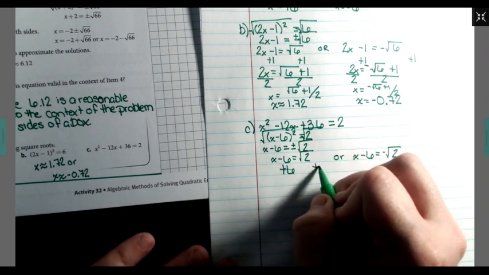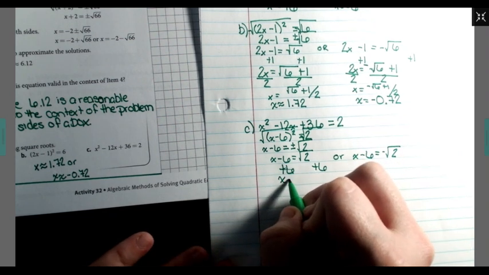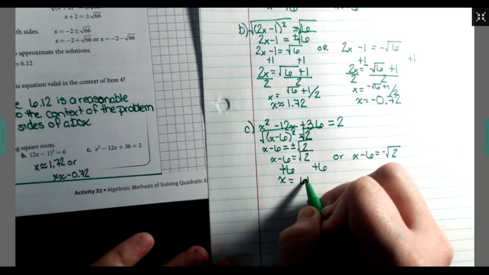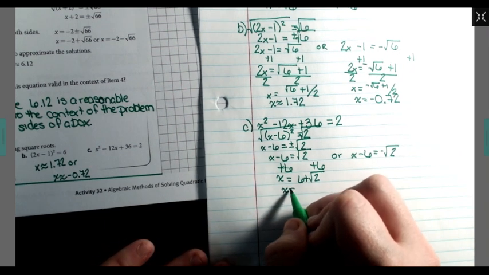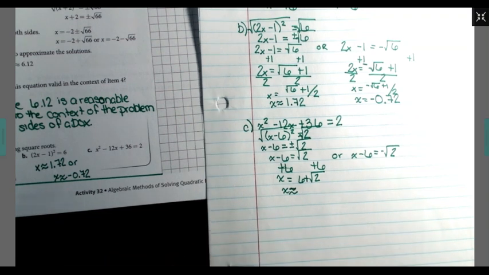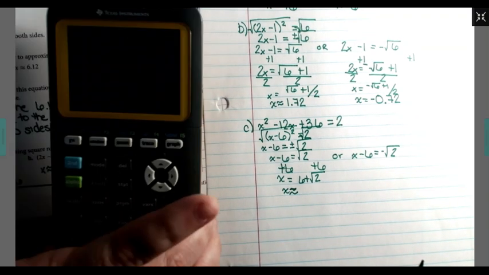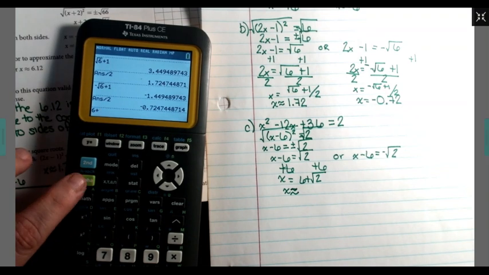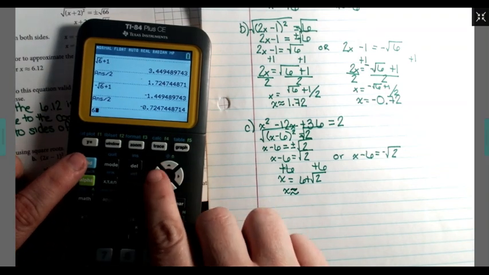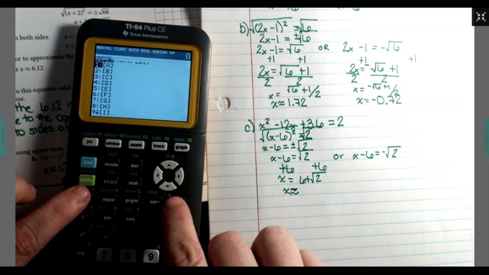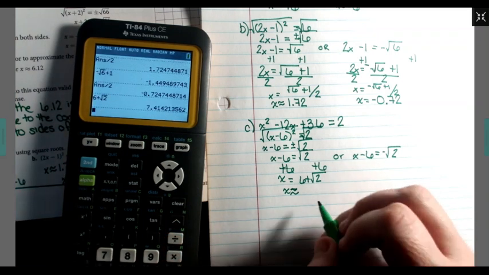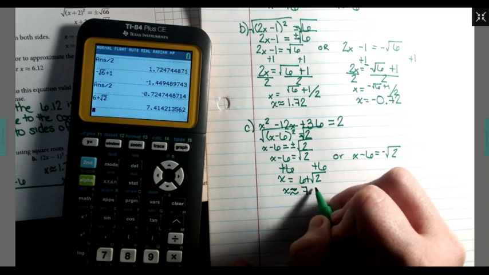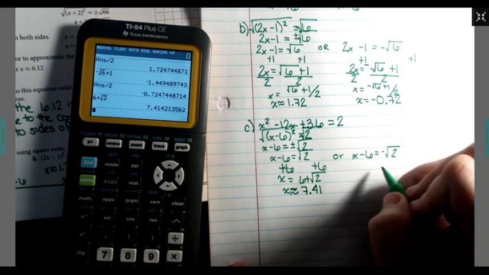Add 6. X equals 6 plus square root of 2. So x is approximately, we're going to do 6 plus the square root of 2. So x is approximately 7.41.